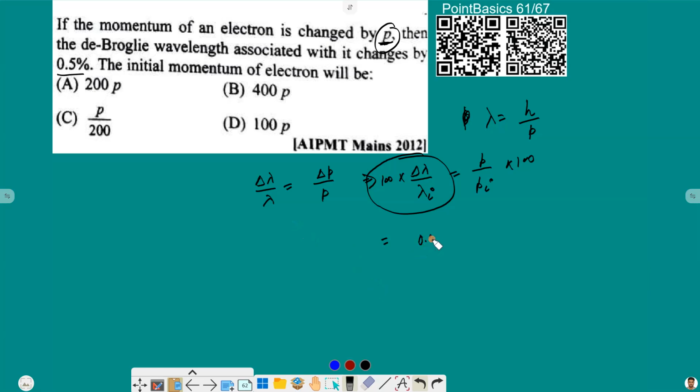So this will be 0.5 is equal to p by p initial into 100, and from this, 0.5 as half, so half is equal to p by p initial into 100, and from this we can write that p initial will be 2p into 100, or basically 200 p. That is option A for us.